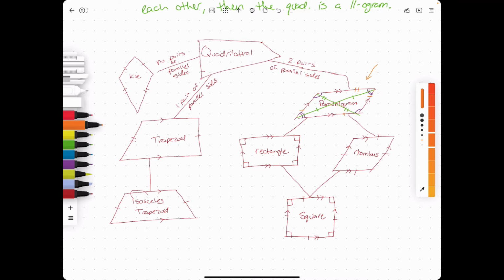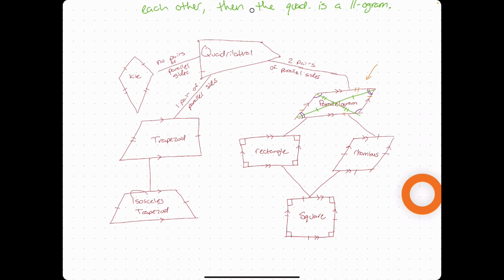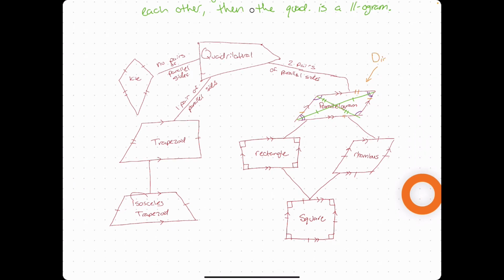But we have in here that parallelograms have bisecting diagonals. The diagonals bisect each other, right? So you can add this to that diagram. Go find it, dig it out. Add in here: in a parallelogram, diagonals bisect each other.